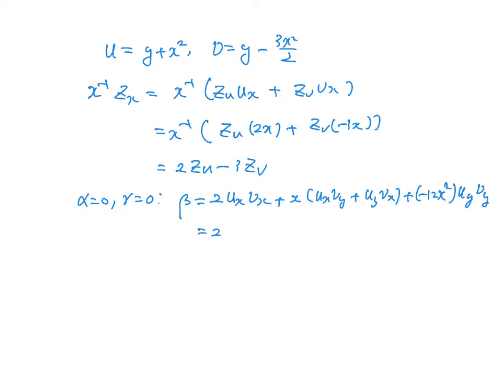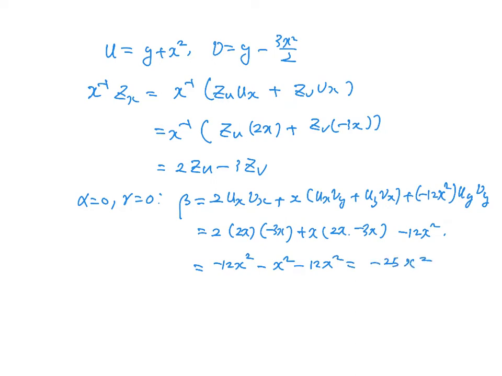So that is 2x times minus 3x, plus x times (2x times 1 plus 1 times minus 3x), minus 12x squared. So minus 6x squared minus x squared minus 12x squared is minus 25x squared.